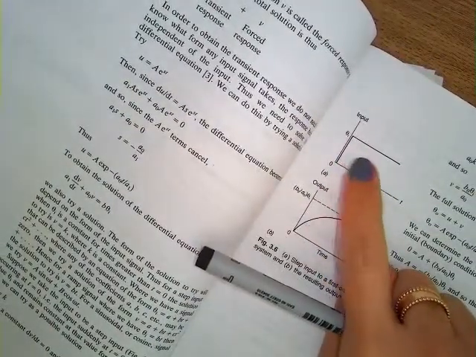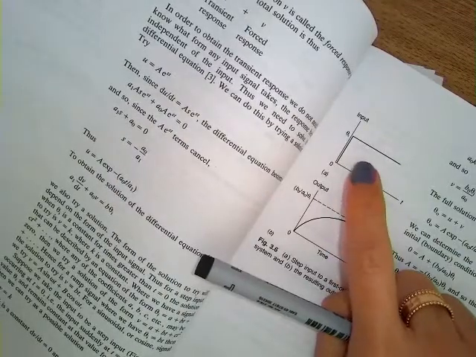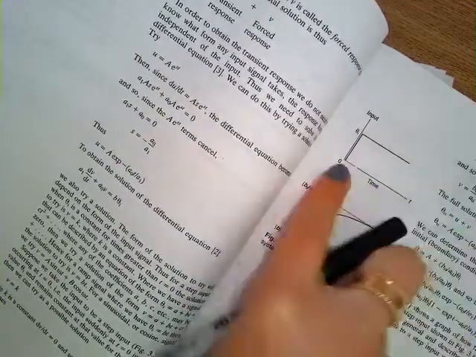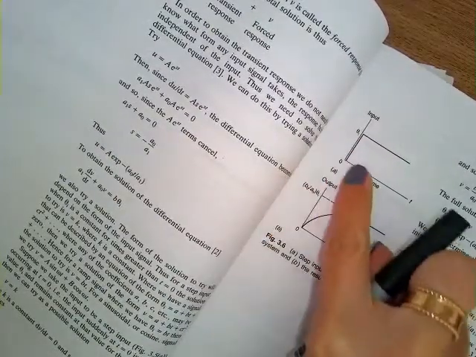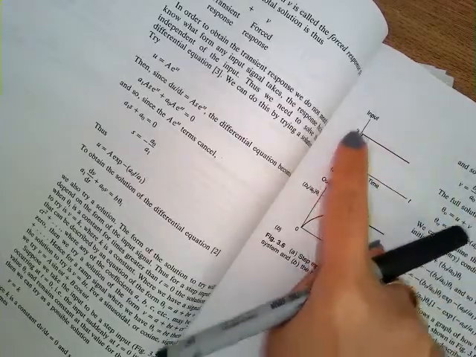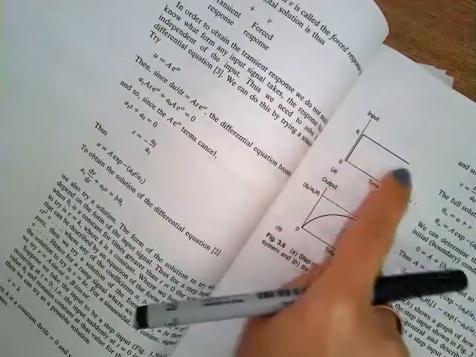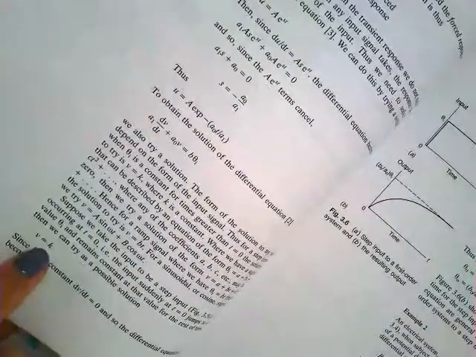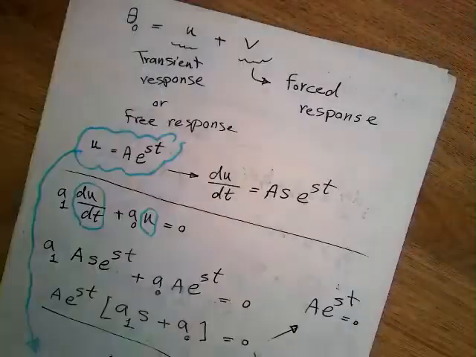Now, for this particular example, I'm going to assume that I have a step. So for the step, I'm going to look at the constant value, because up to a certain point it's 0, and then all of a sudden I have this constant value, which is not ramp, is not oscillating, is a constant value. For that, I'm going to put v is equal to k, and that k is a constant. Now let's see how that looks like.